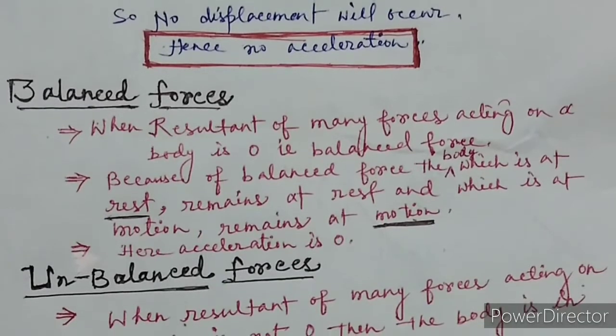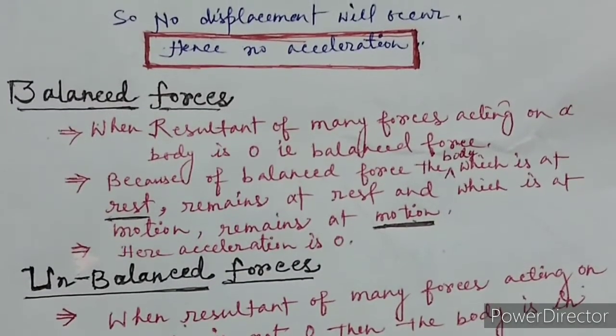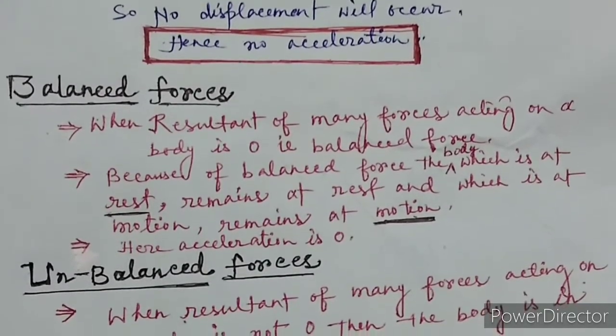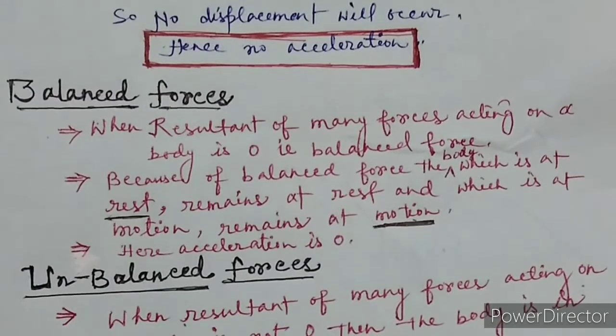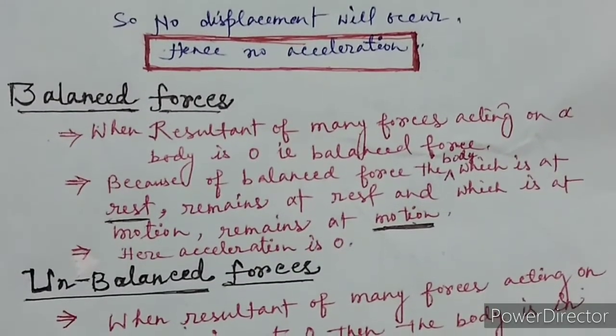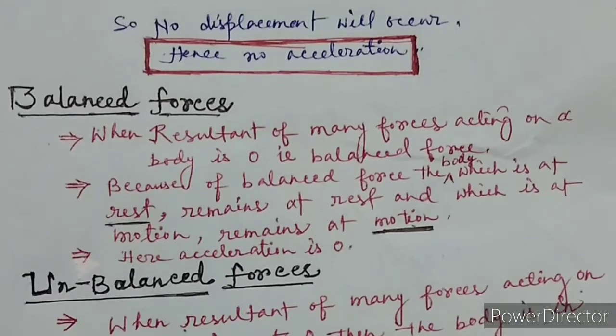Means the body will not be accelerated, but it will keep moving with the same speed. And if it is at rest, then the body will continue to be at rest if balanced forces are acting on it.